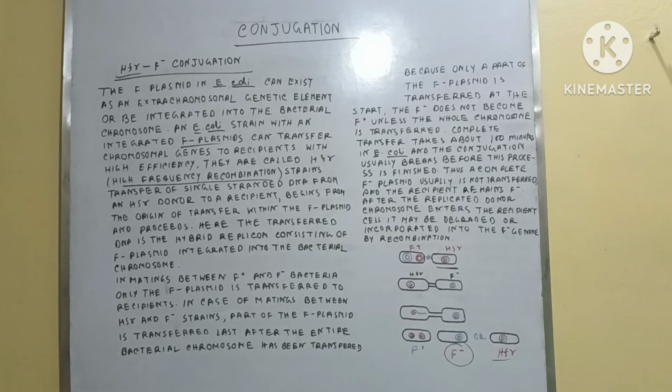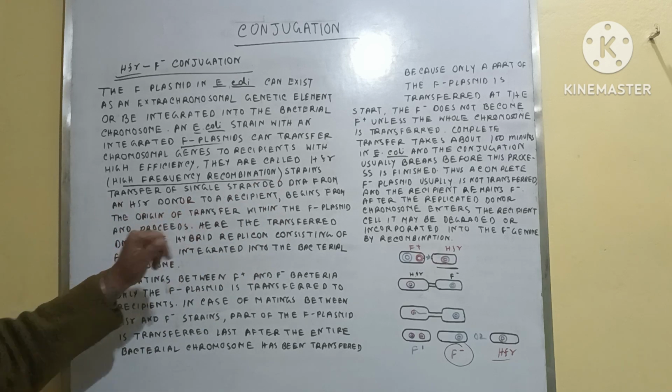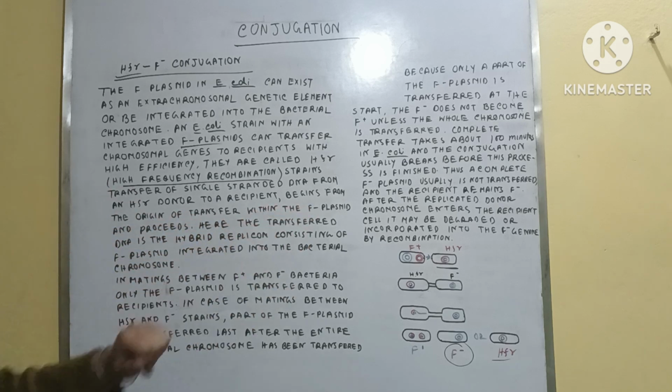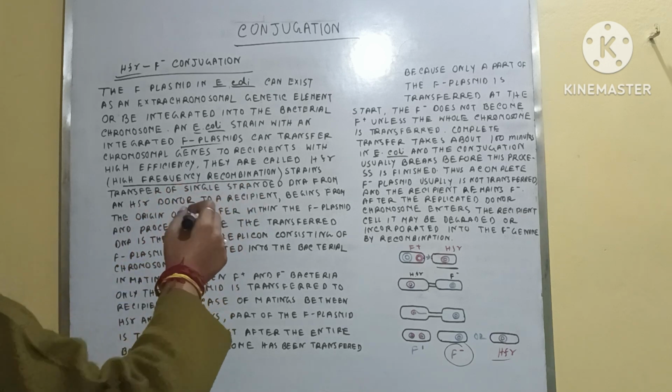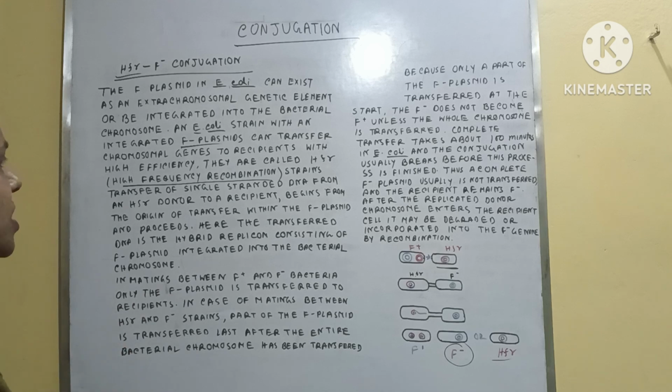Now let us see what the paragraph says: the high efficiency strains transfer single stranded DNA from an HFR donor to the recipient, beginning from the origin of transfer within the F plasmid and proceeding onward. So the transfer of single stranded DNA is seen just like in F plus and F minus conjugation.